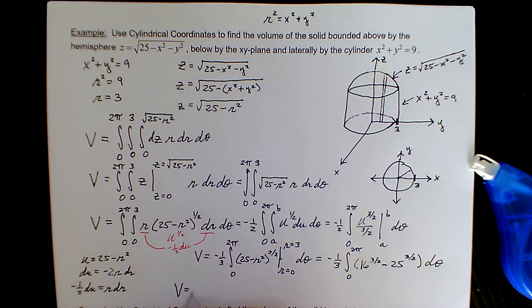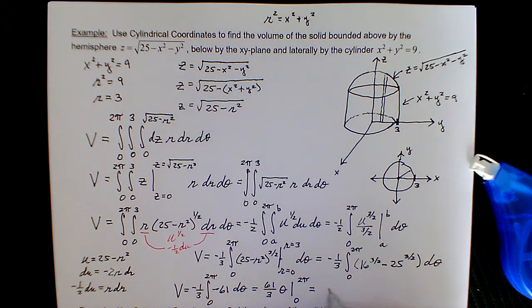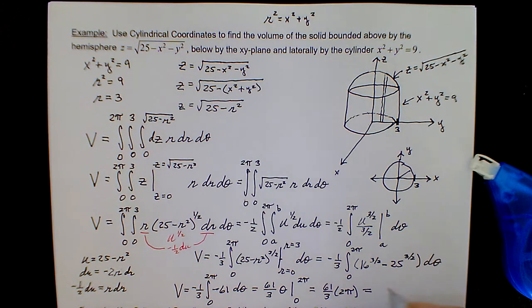So therefore, we have minus 1/3 integral 0 to 2 pi of minus 61 with respect to theta. So I'll just make that positive 61 over 3, integrate d theta, we get theta, and that's evaluated from 0 to 2 pi. So then upper limit goes in, 61/3 times 2 pi. Lower limit goes in, that's a 0, and so we get 122 pi over 3.